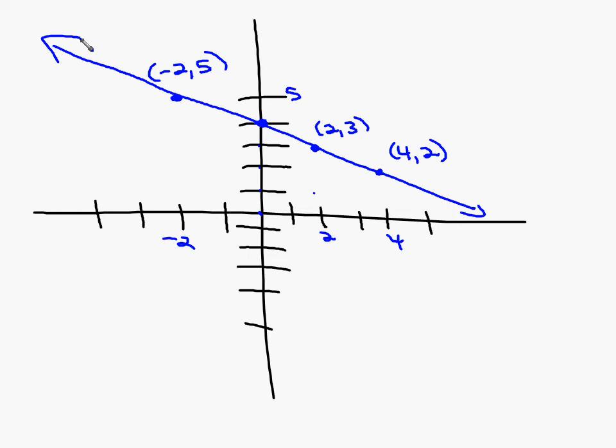Now, you were told to graph that one by making a table, and there's a lot of steps involved in that one, but they're not always hard. Let me show you two that are really easy, and this will finish it up. And that is a vertical line.